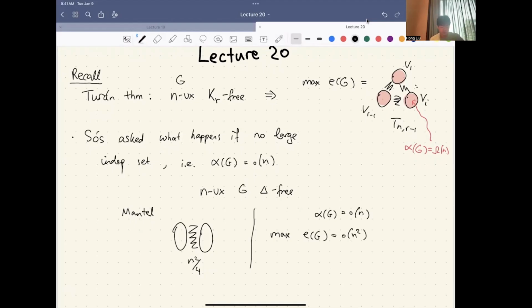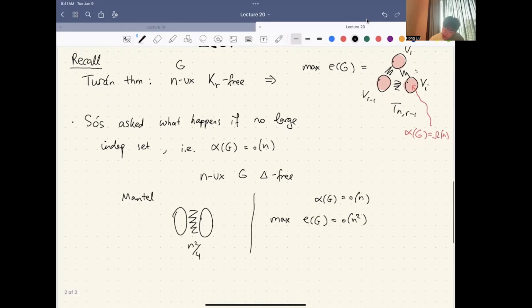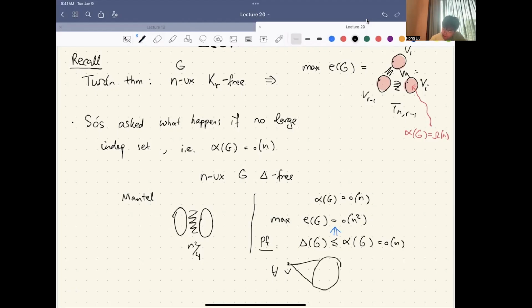Why is that true? Here's a proof. Simply notice that in a triangle-free graph, for any vertex v, its neighborhood is an independent set, otherwise you have a triangle. So the maximum degree is bounded by the independence number, which is little o of n. If the maximum degree is little o of n, you have few edges, little o of n squared.